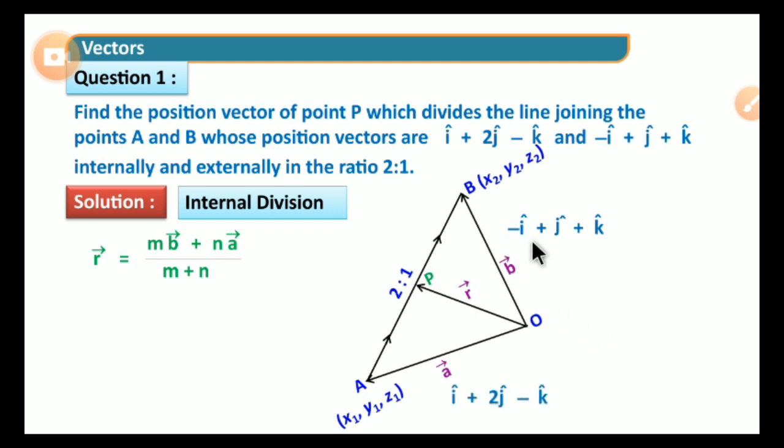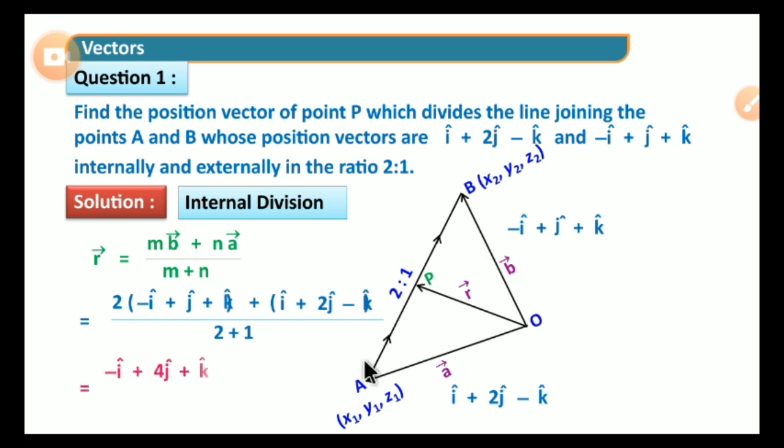Here we have already taken i plus 2j minus k as the position vector of the point A, and minus i plus j plus k as the position vector of the point B. Therefore, the values are m equal to 2, n equal to 1. So 2 into the bracket of vector B, that is minus i plus j plus k, plus 1 into the bracket of vector A, that is i plus 2j minus k, divided by 2 plus 1.